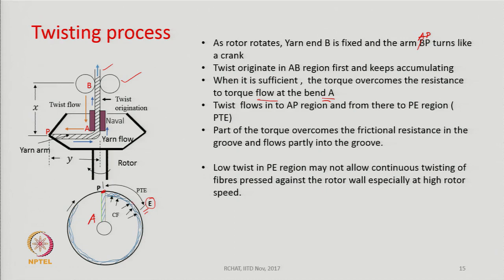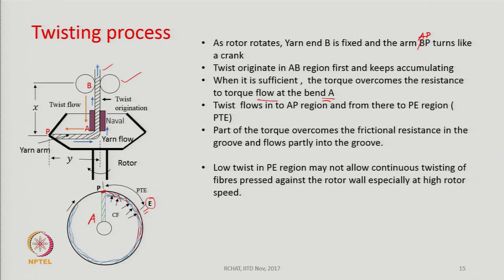So, twist will flow to a certain length, beyond that it cannot flow, because that much torque is not there, and we do not need it also. So, twist will gradually have less and less inclination angle and ultimately become parallel fibers, because within the group there is a lot of frictional resistance to the flow of torque, because fibers are pressed with very high centrifugal force.